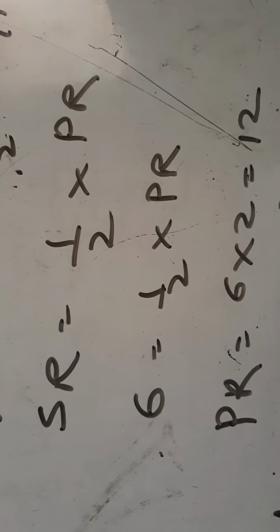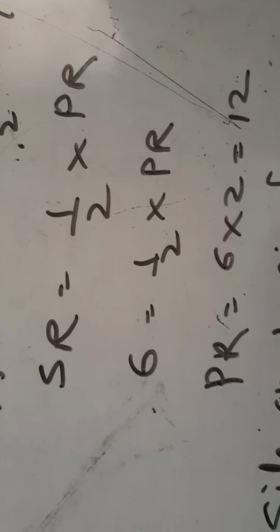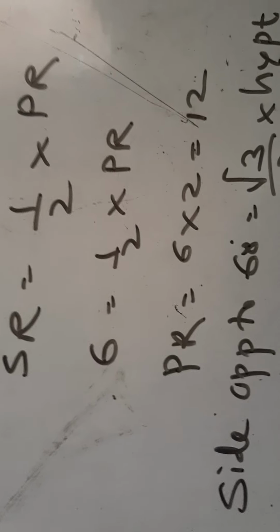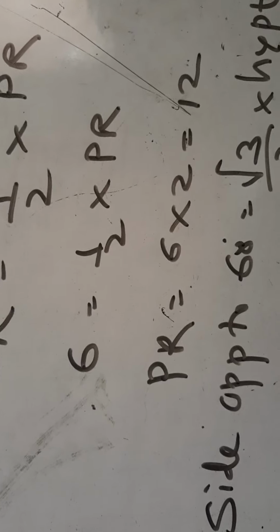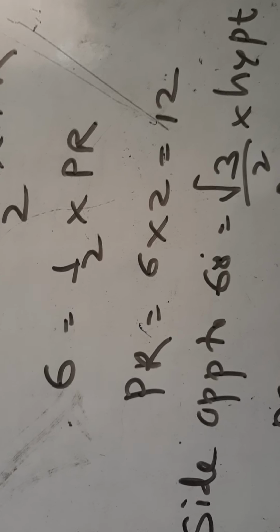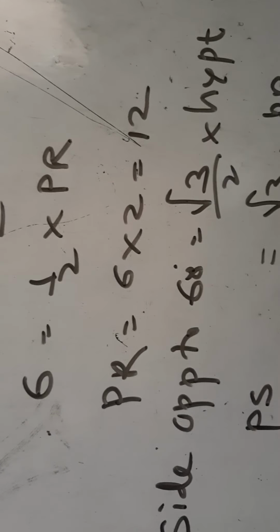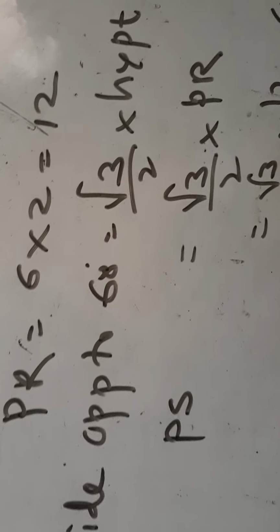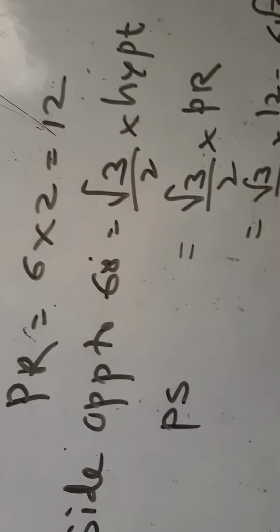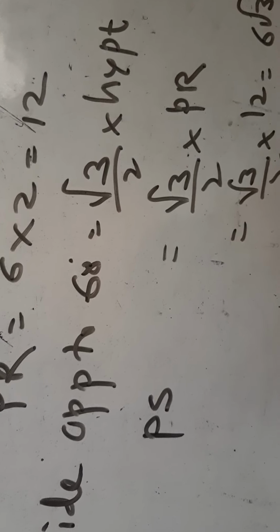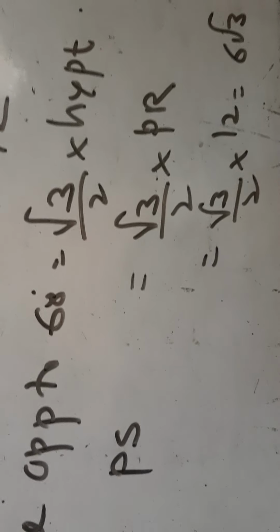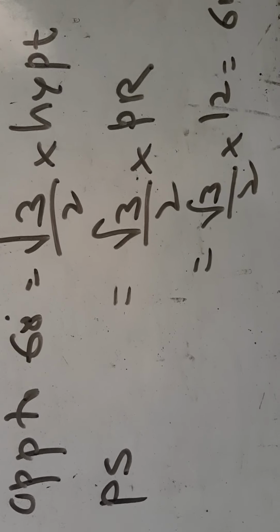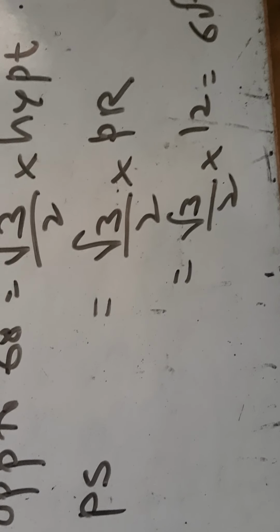Therefore PR equals 12. Now for finding the value of PS, the side opposite 60 degrees is root 3 by 2 of the hypotenuse. So PS equals root 3 by 2 into PR. PR is 12, so root 3 by 2 into 12 gives 6 root 3.